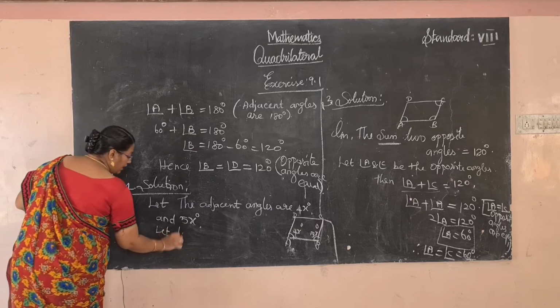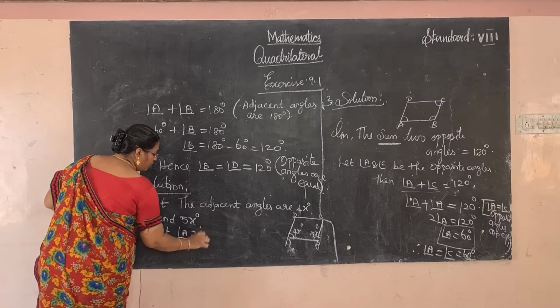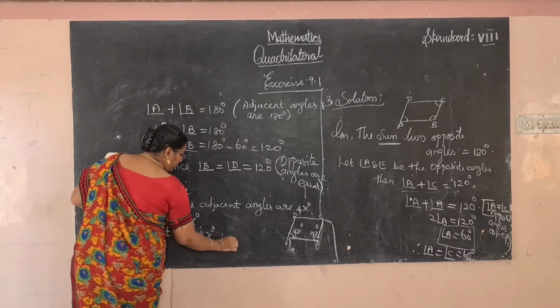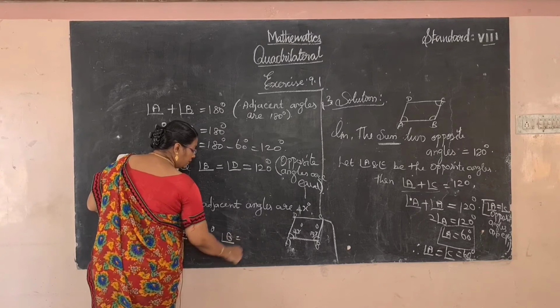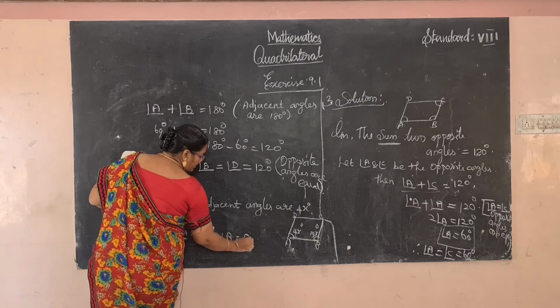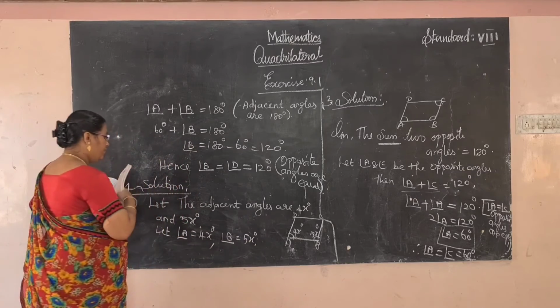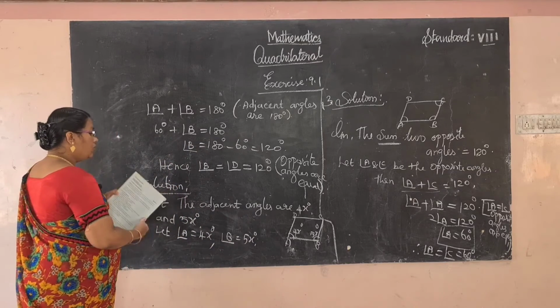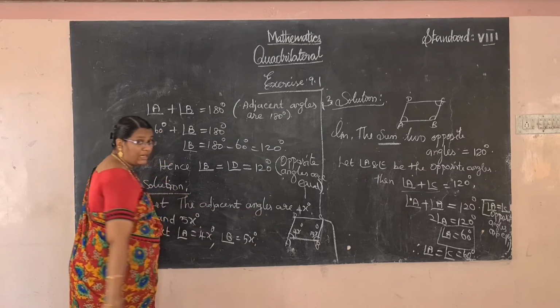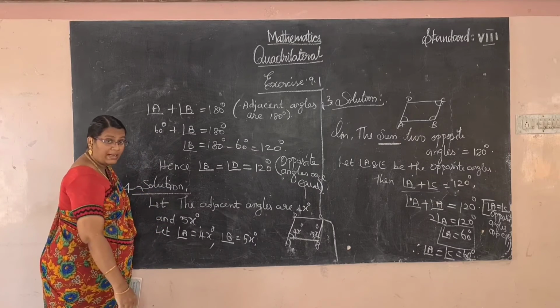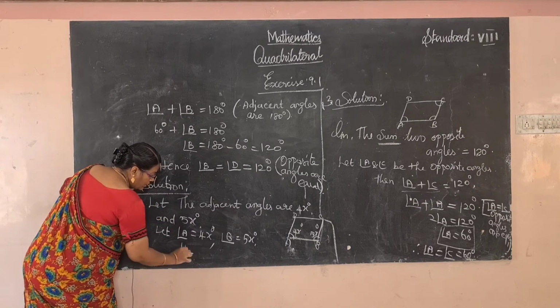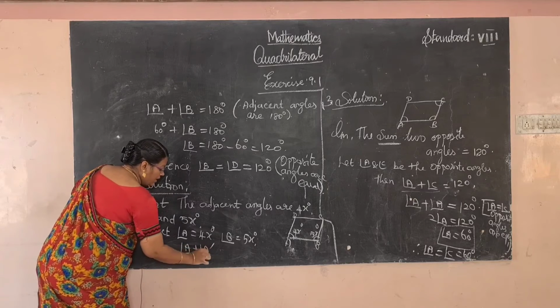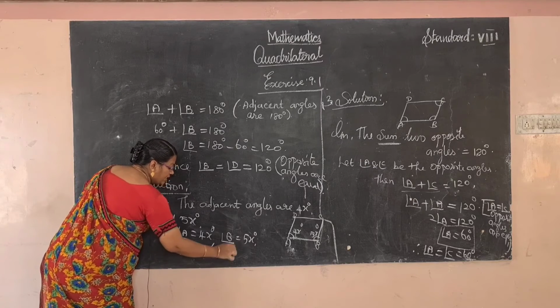Let angle A be equal to 4x degrees, angle B equal to 5x degrees. You know the relation between these two angles: adjacent angles sum to 180 degrees. So angle A plus angle B is equal to 180 degrees.